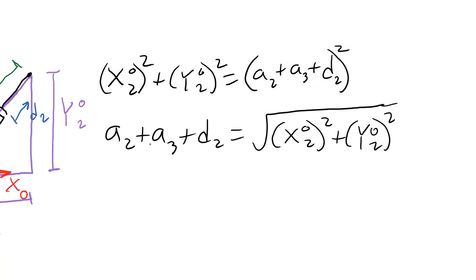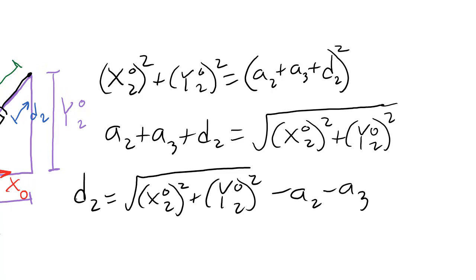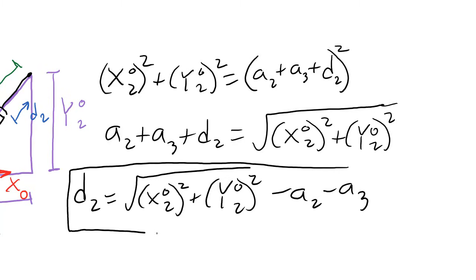Now I'll solve for D2 by subtracting A2 and A3 from both sides. Now I have a joint variable on the left, and on the right I have only things that I know, the values of the link lengths and our input x and y. So I'm done with this equation.